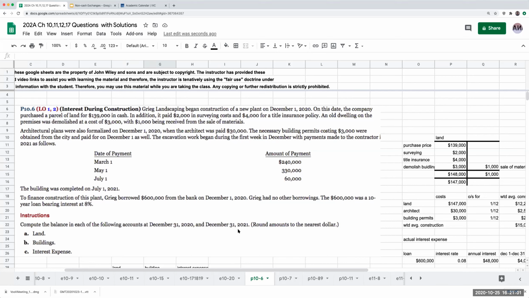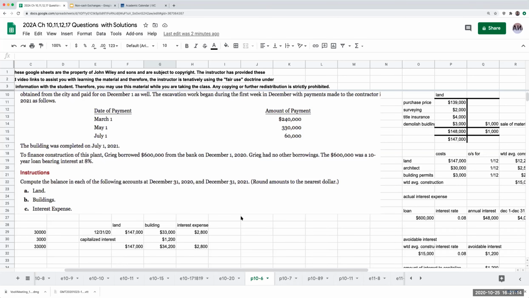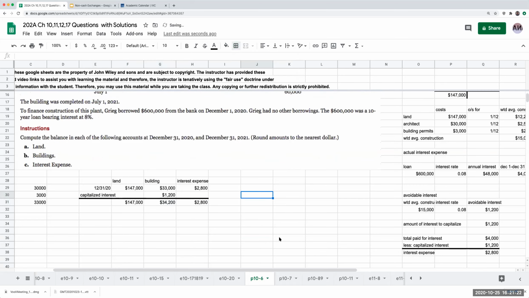What I need to figure out though is how much of that amount do I need to capitalize to the building cost. So let's take a look.